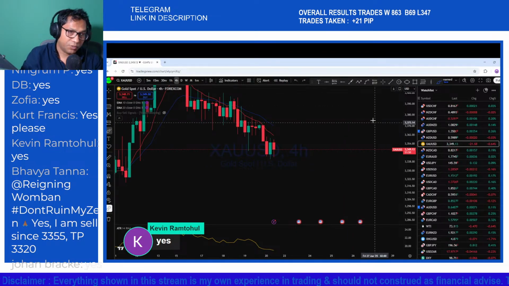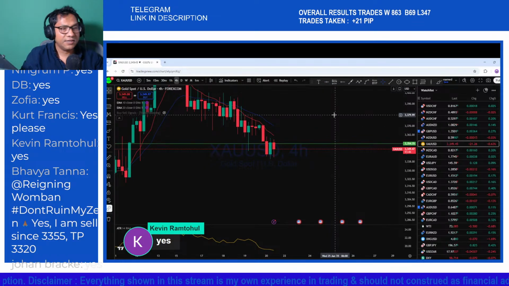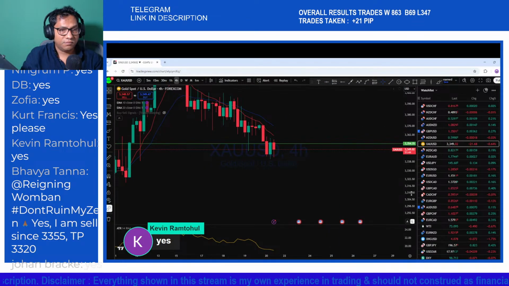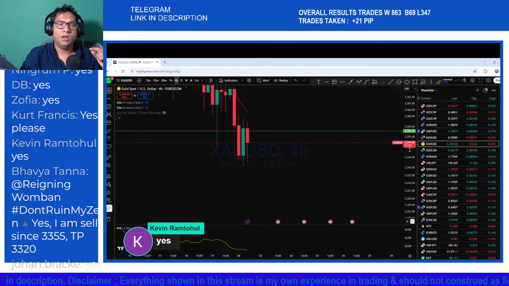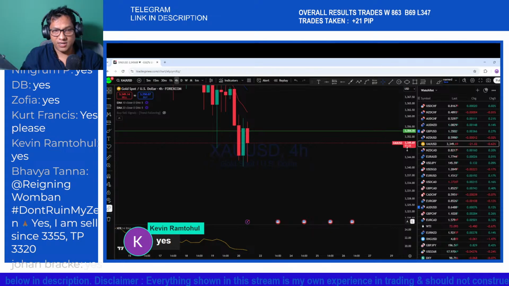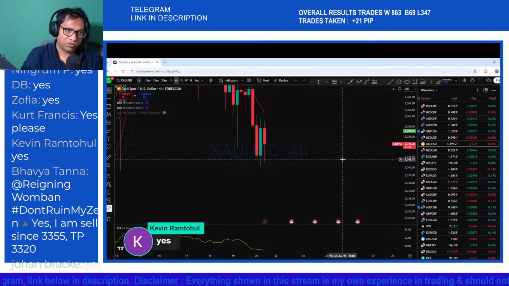For example, this is a 4-hour candle. Look first at where this 4-hour candle currently is. We see that there are 50 minutes remaining for this 4-hour candle to close.